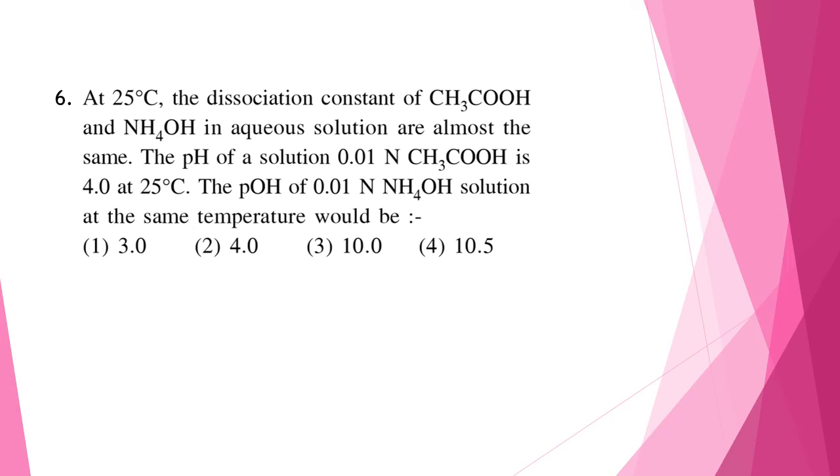So as in CH3COOH, pH is 4.0, and as the dissociation constant of both is same and as the temperature is also same, therefore pOH for 0.01 normal NH4OH will also be equal to 4. So the correct answer is option 2.